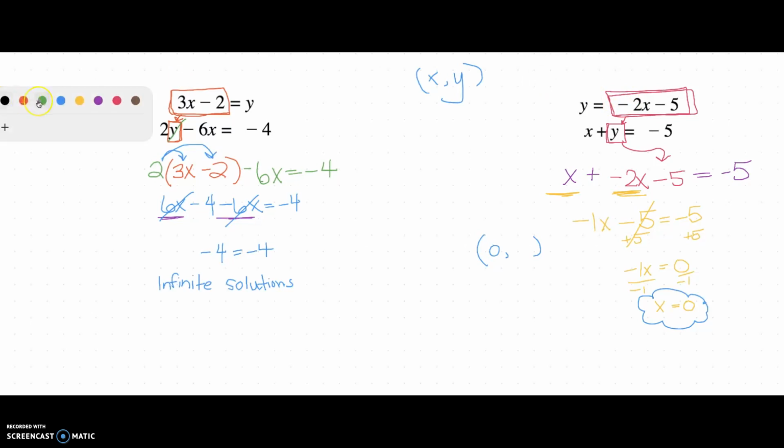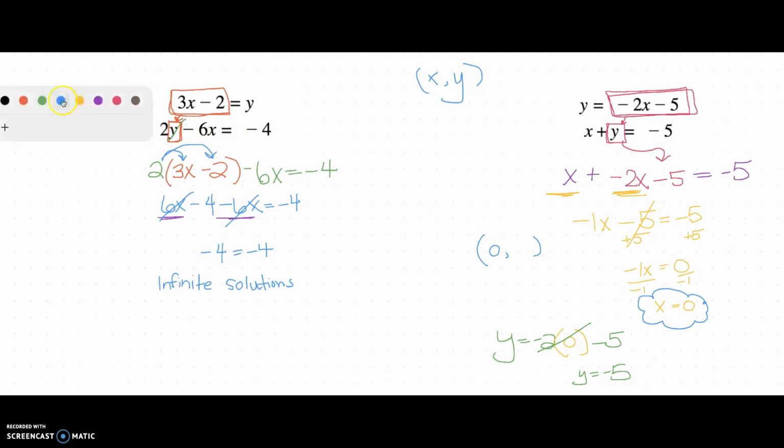So for the top one, we're going to have y equals negative 2. And then there's the x, so I'm going to plug that in, and our x is 0. Then I have minus 5. Well, anything times 0 is 0, so y equals negative 5.